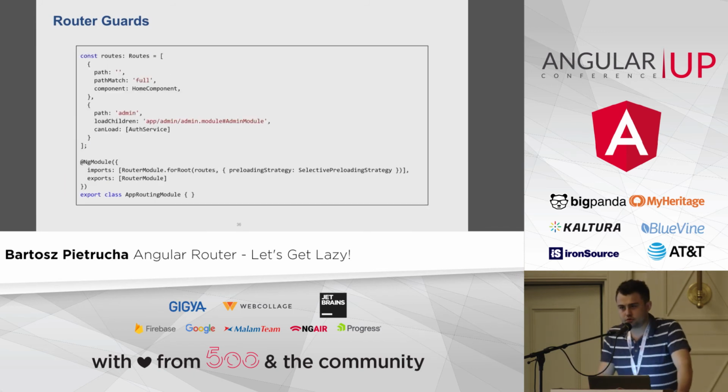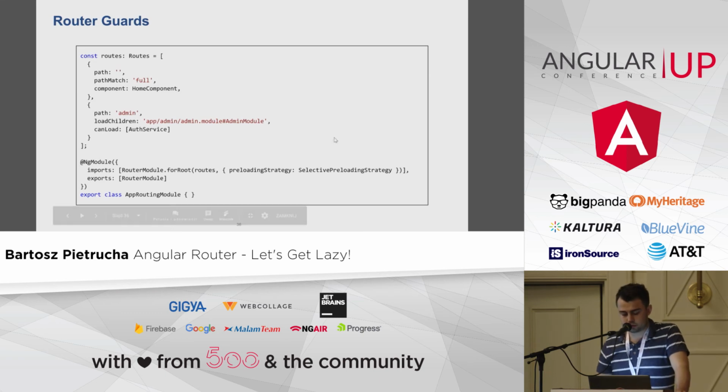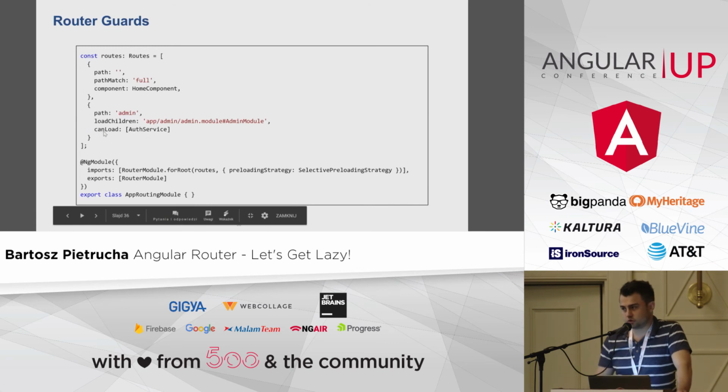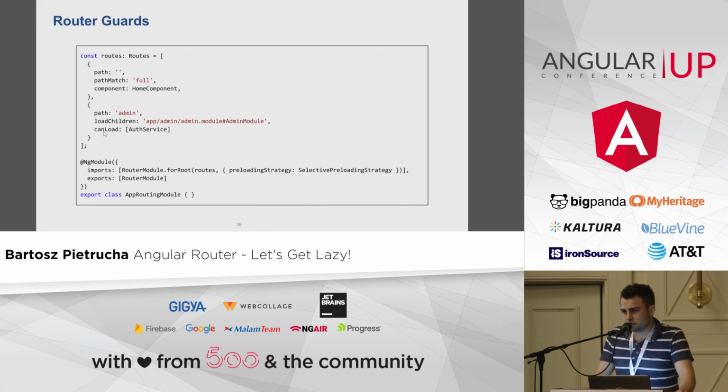The only thing that we need to do right now is to add those guards to our configuration. I promise you that I will explain what canLoad and canActivate do. So in this example, our admin module is a lazy loaded one, and what we do, we pass the service from here to the configuration under the canLoad property. And what it does, it will run this guard to check if the conditions are fulfilled to load this particular module.